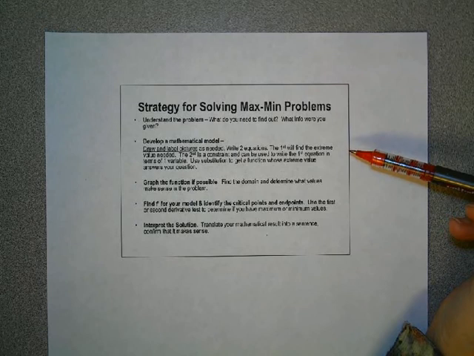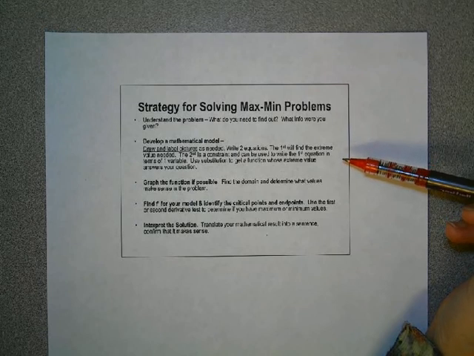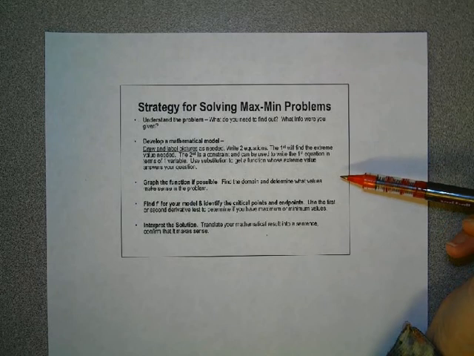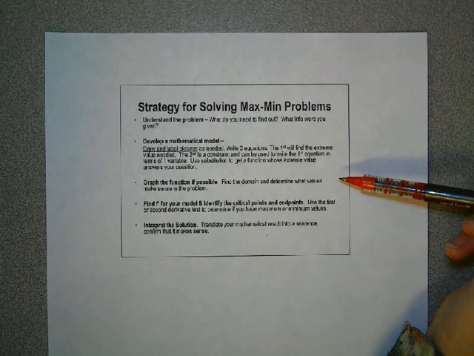What we do is use substitution to get one variable in that equation before we maximize or minimize it. If possible, we're going to graph the function because it's real easy to find a maximum or a minimum value.